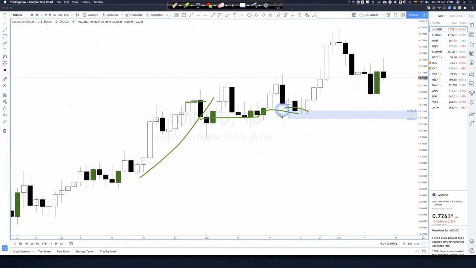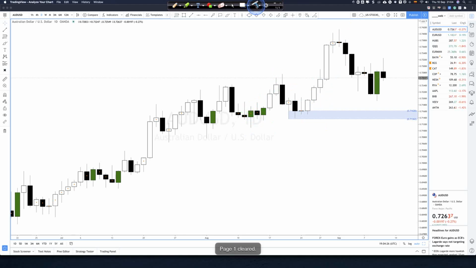So this level here is reacting to a previous level that was already tested. You follow me? This is a level of demand, price rallied, retraced, tested the level, and now price rallied again. So this level is not an original level. This is a level that is created as a reaction to a previous level. That is the definition of an original level.